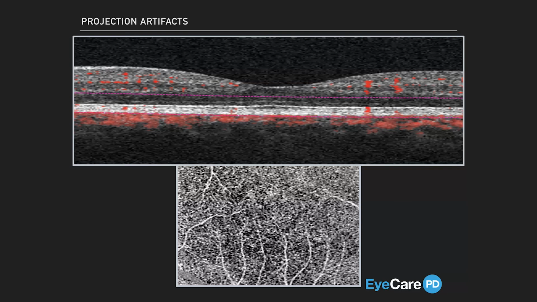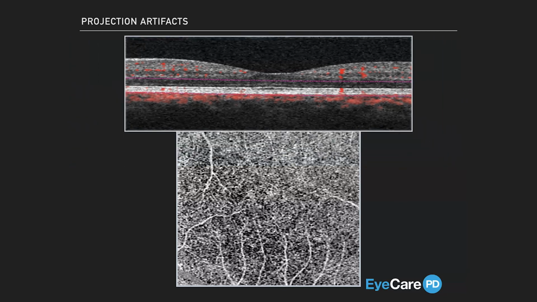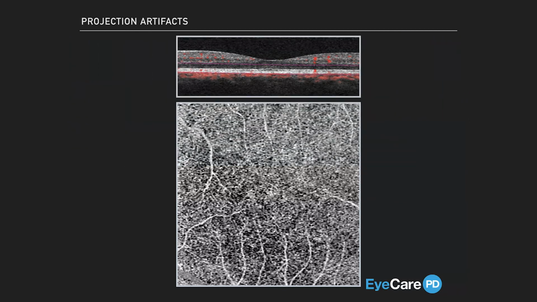But the point for this discussion is that this slab does not cut through the superficial vascular plexus. Now focus on the OCTA slab. Clearly, the superficial blood vessels are visible despite the fact that the boundary lines do not include the superficial plexus. This is a projection artifact.